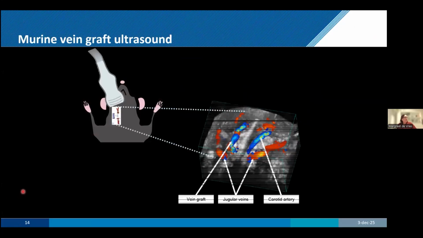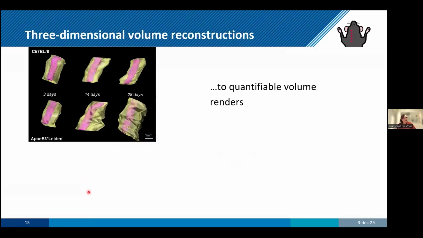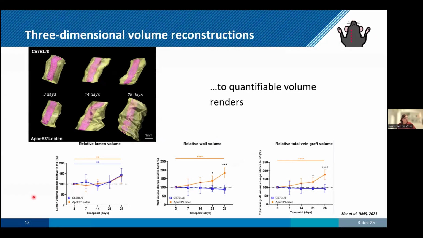We can go from those two-dimensional areas to three-dimensional areas, as you can appreciate here, and you can very well see the turbulent flow that occurs in these venous segments in the arterial circulation. And we can quantify this and make volume reconstructions, as you can see over here.